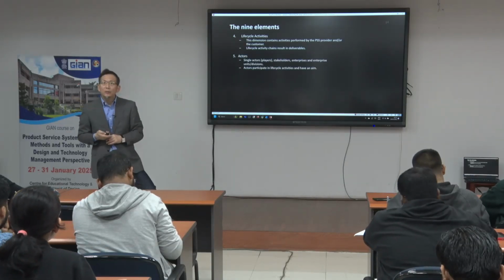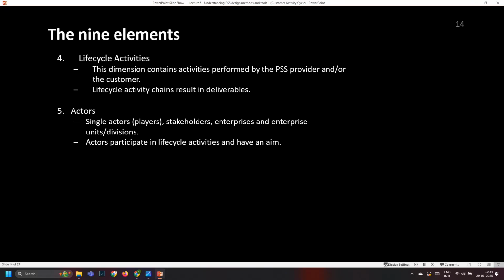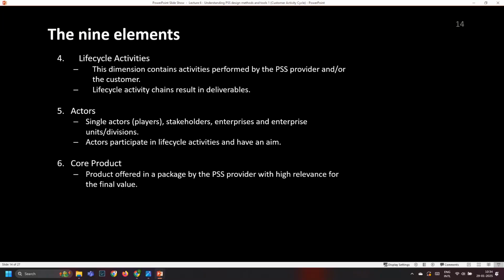Fifth, actors who are involved: provider, customer, other suppliers, and other facilitators, etc. Sixth, core product.